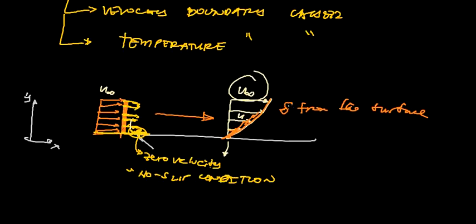So this distance here from the surface is called the boundary layer thickness.